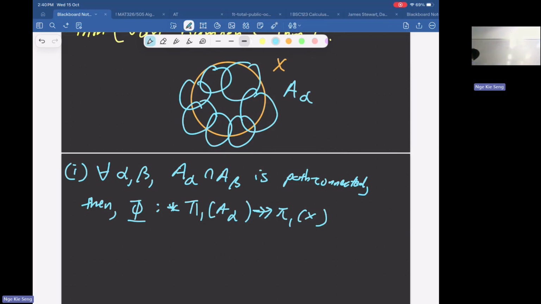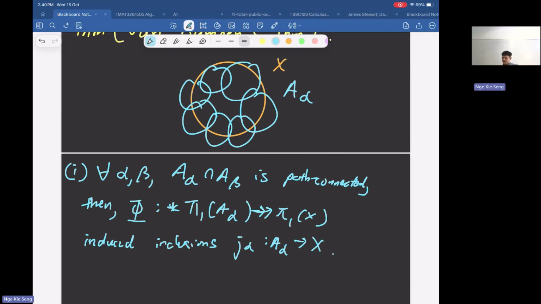A alpha is included into X, so this phi is just the map induced by the inclusion. There's nothing special here. Let's call it J alpha now. Previously we called it I, so for now we call it J, and later we'll use I again. It's surjective.